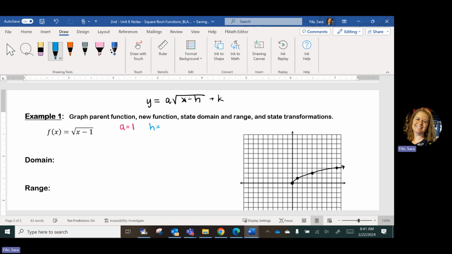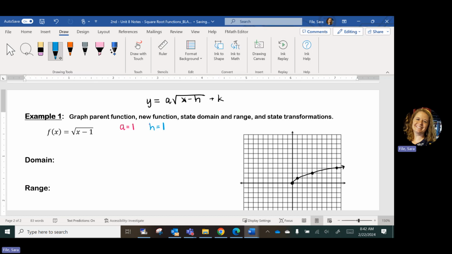Yeah, it's a -1. So H is what? Is H 1 or -1? Dan? 1. It's the opposite sign that you see in there. So H is actually a +1.